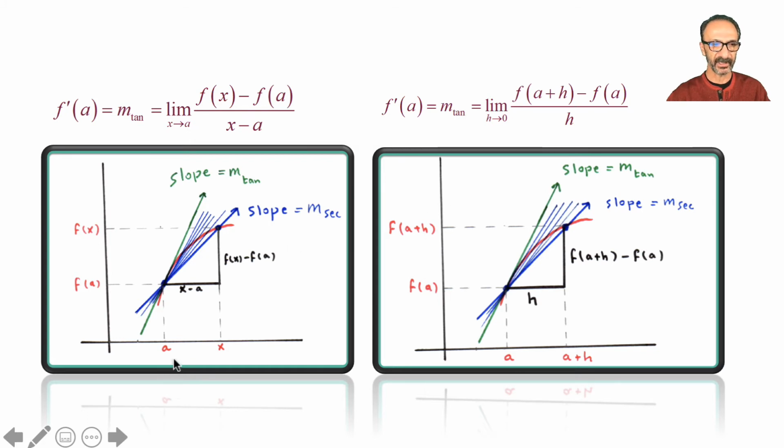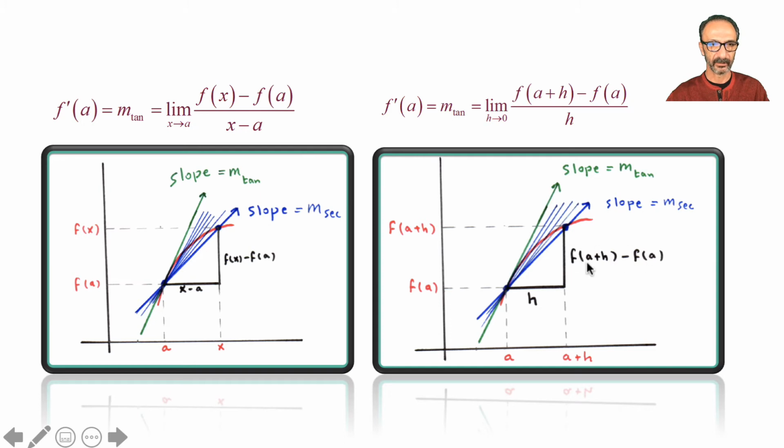Differently, if you don't want to call it a and x and f of a and f of x, we call it a and some difference, a plus h. See, if you subtract these two, a plus h minus a is just the difference, which is h right here. So the output for a is f of a, the output for a plus h is f of a plus h.